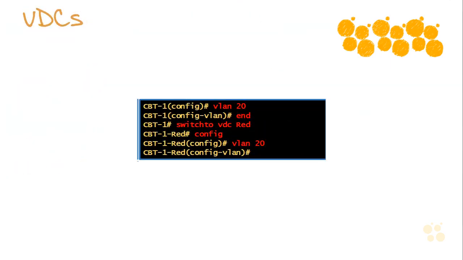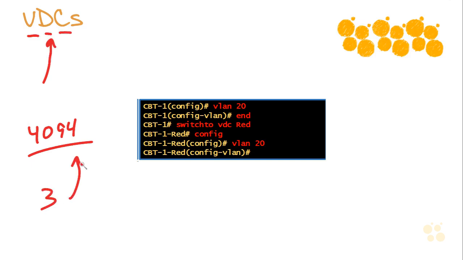Now remember, one of the things that we love about most of our Nexus devices is the fact that we can so easily virtualize them. We're talking, of course, about a virtual device context. And remember, your VLANs are independent in those virtual device contexts. In fact, this is a way in which we can easily go above our 4094 as far as our number of VLANs. We could have 3 virtual device contexts, each supporting that number of VLANs.